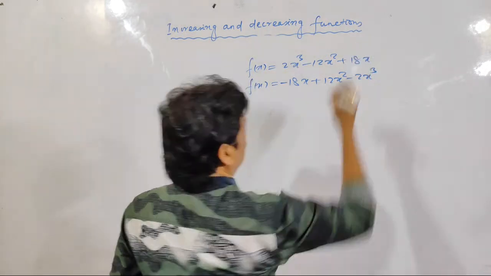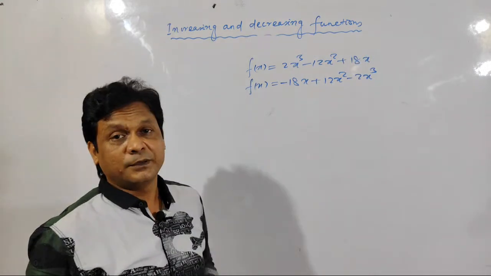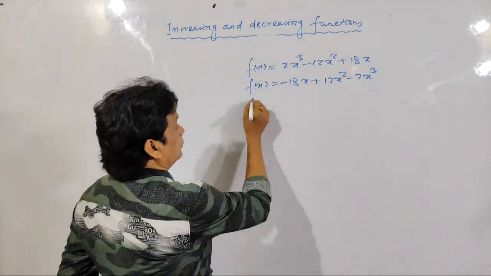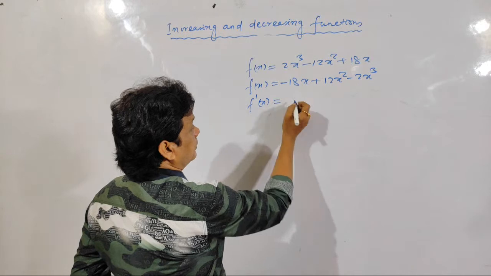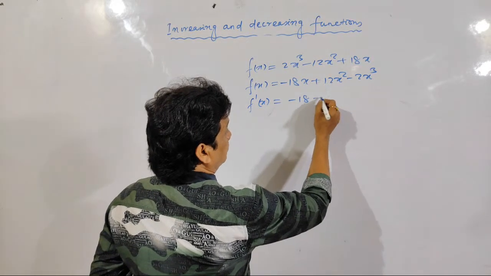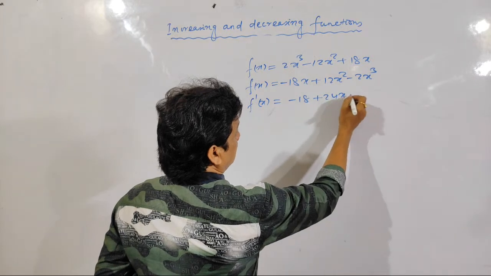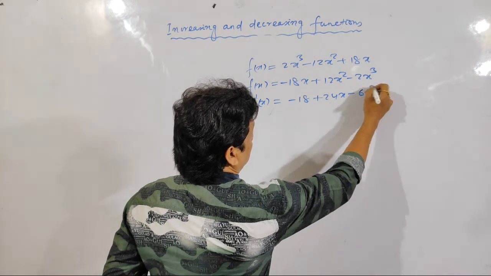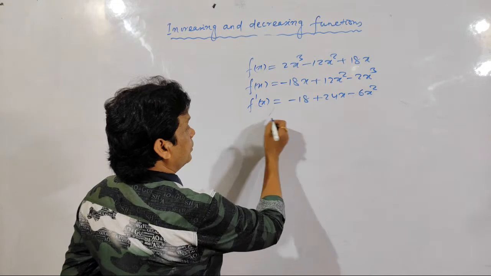I am taking it like this. Clear? So f dash x is equal to how much? Minus 18, then plus 24x minus 6x square. Clear?